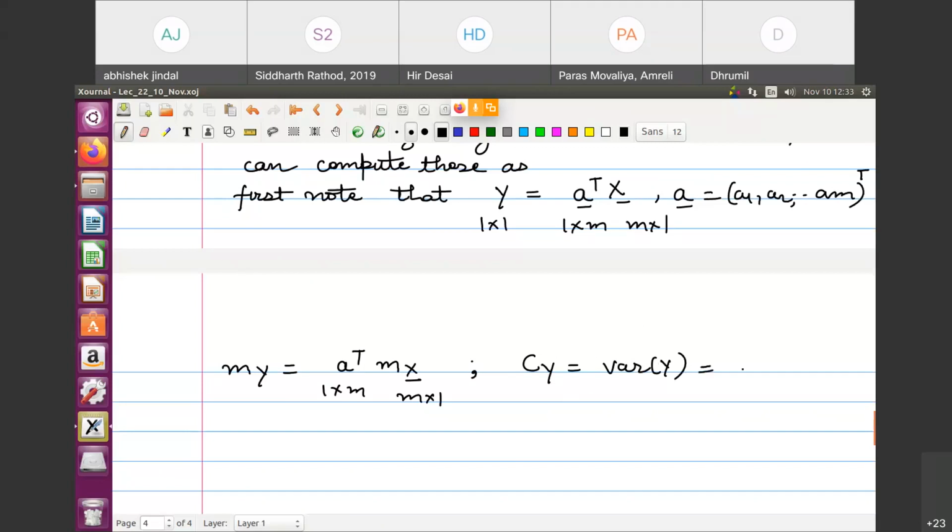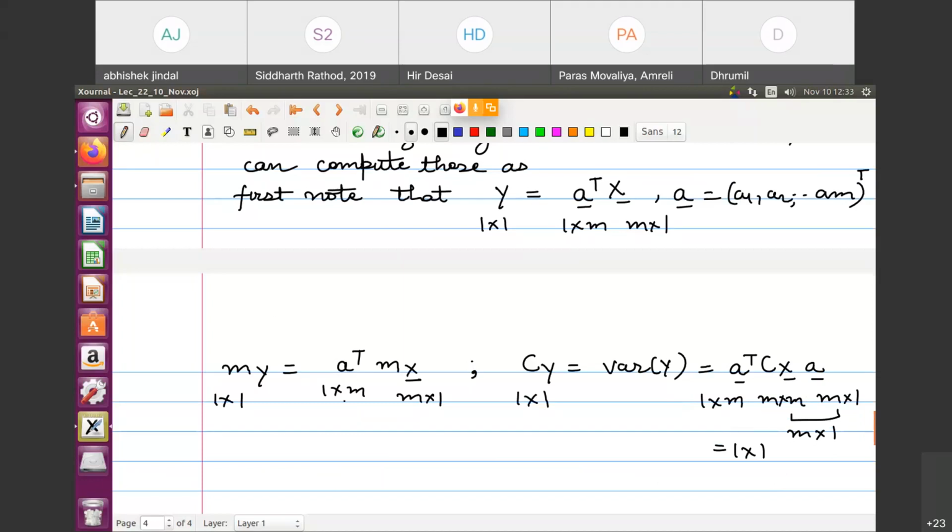This is equal to A transpose C of x bar A. C of x is m cross m, so multiplying by m cross 1 gives an m cross 1 vector, and 1 cross m times that gives a 1 cross 1 number. So m of y and C of y are both 1 cross 1, that is, scalars.